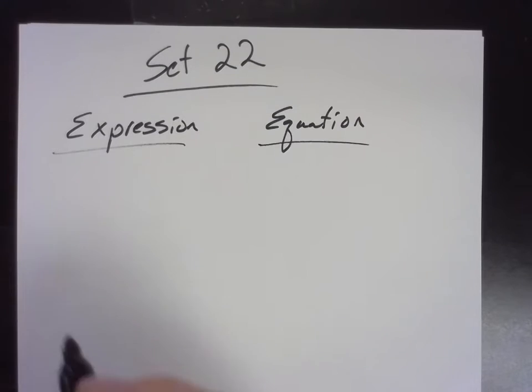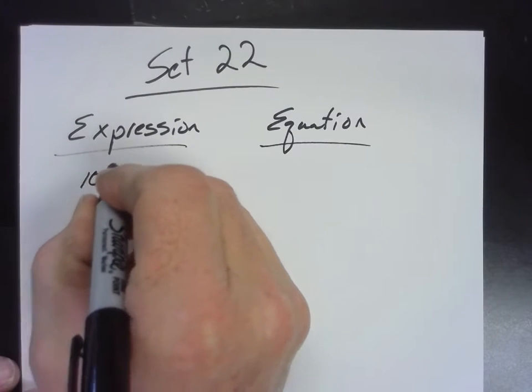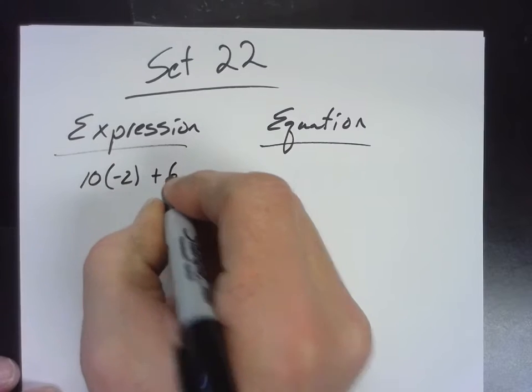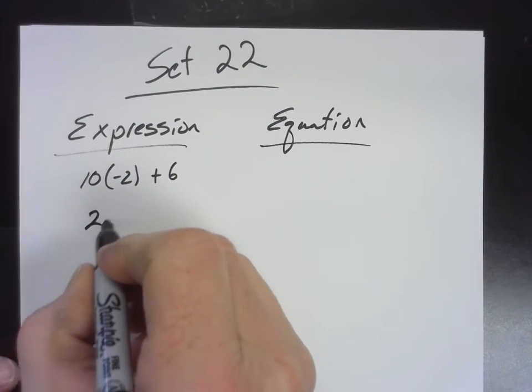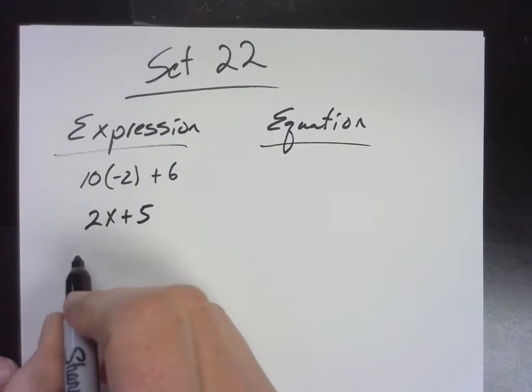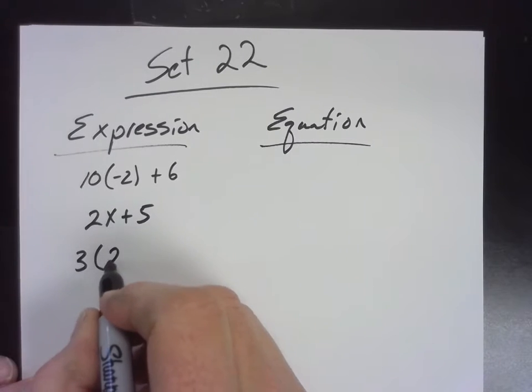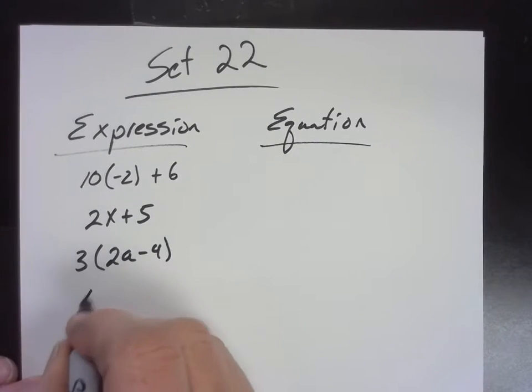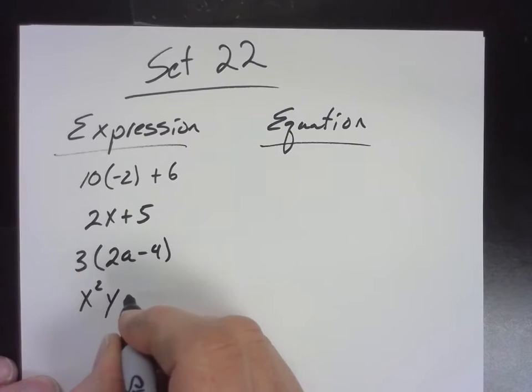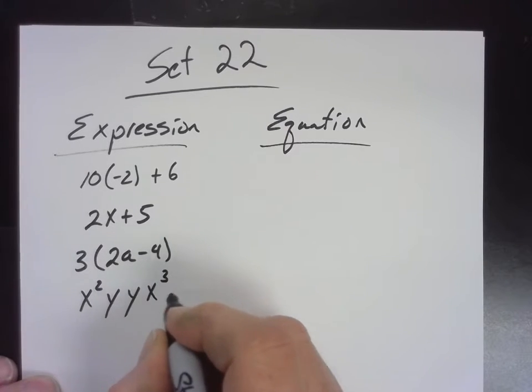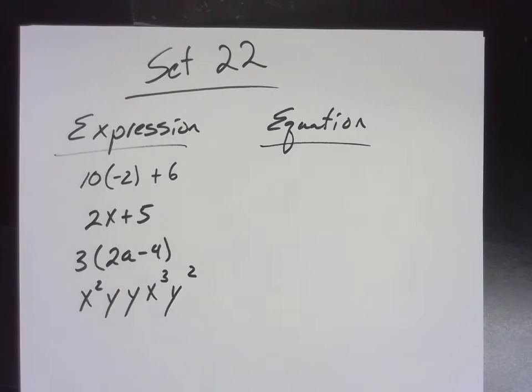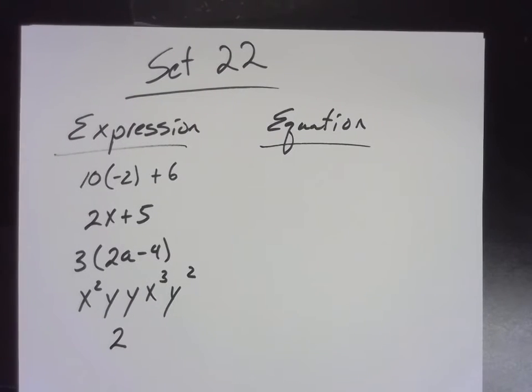We've been working with 10 times negative 2 plus 6, 2x plus 5, 3 times 2a minus 4, x squared times y times x to the third times y to the second. These are all expressions. I can even do a simpler one. 2. Expressions. All right? Now we need to start talking about equations.